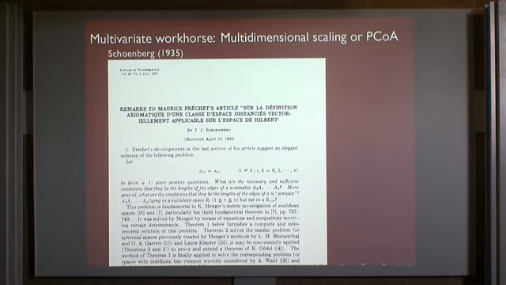So Schoenberg's method, 1935, the idea was you had a matrix of positive numbers, symmetric, and you can ask what would make those numbers Euclidean distances, what coordinates, and under what condition that happens.